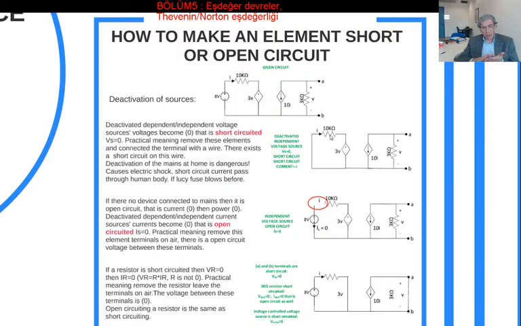When you make the short circuit, it doesn't mean that the current is also zero. The current could be any value, you can calculate that. So there is a short circuit current, but short circuit means voltage is zero.